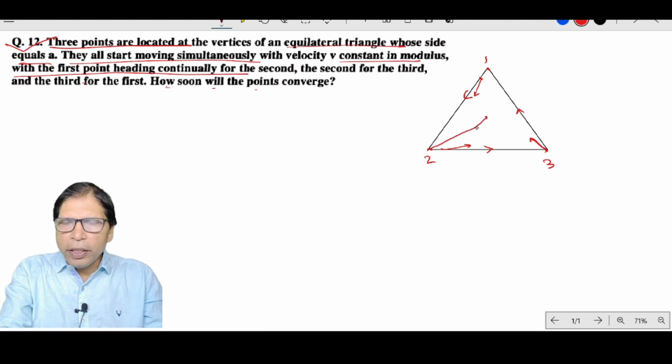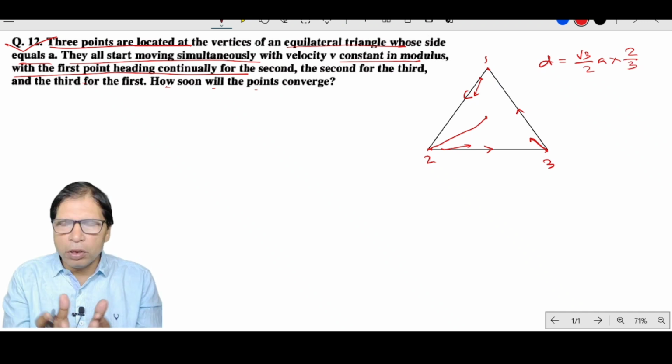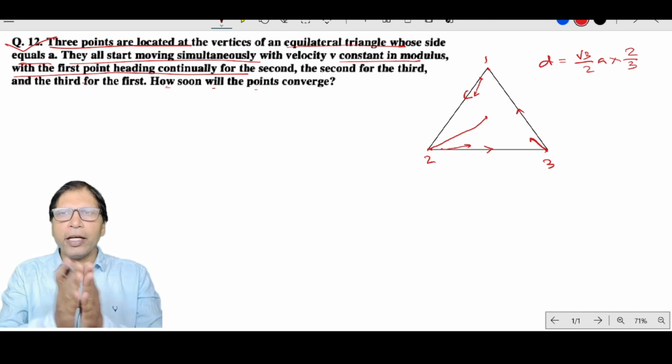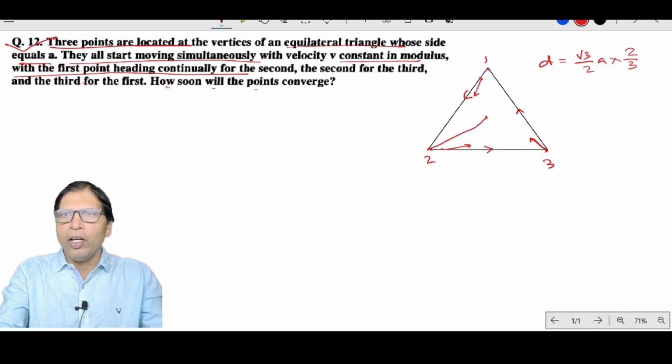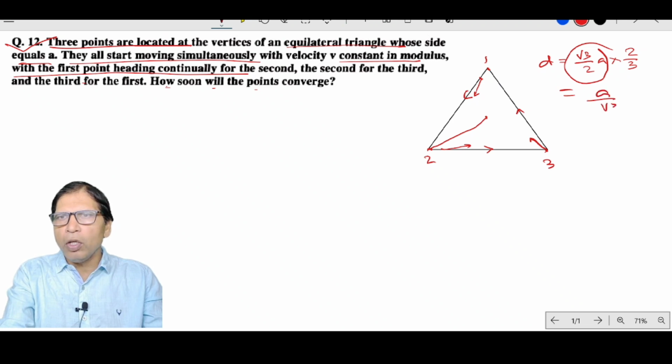So the distance of the centroid from each vertex of the equilateral triangle, d, equals root 3 by 2, the height, into 2/3, because the distance of the centroid from a vertex is 2/3 times the height of the equilateral triangle. So this is a by root 3.